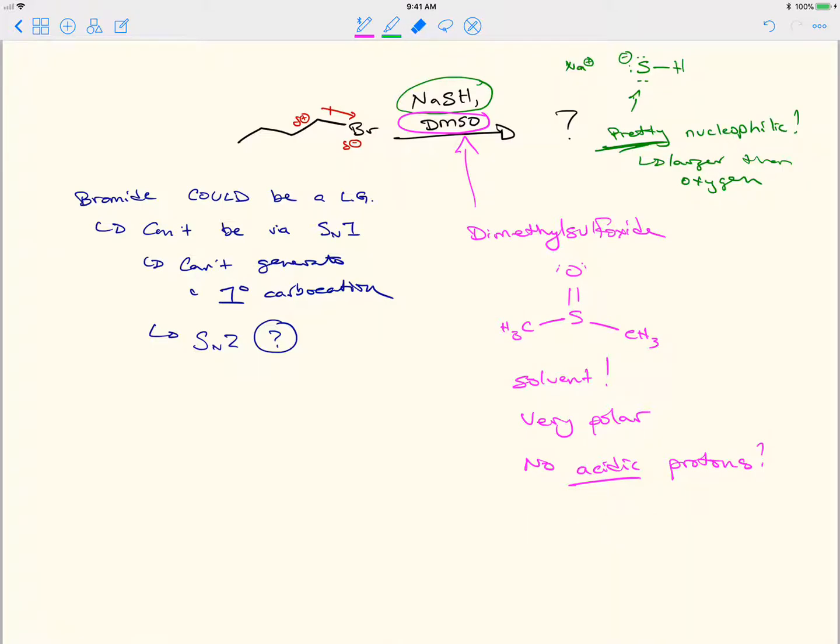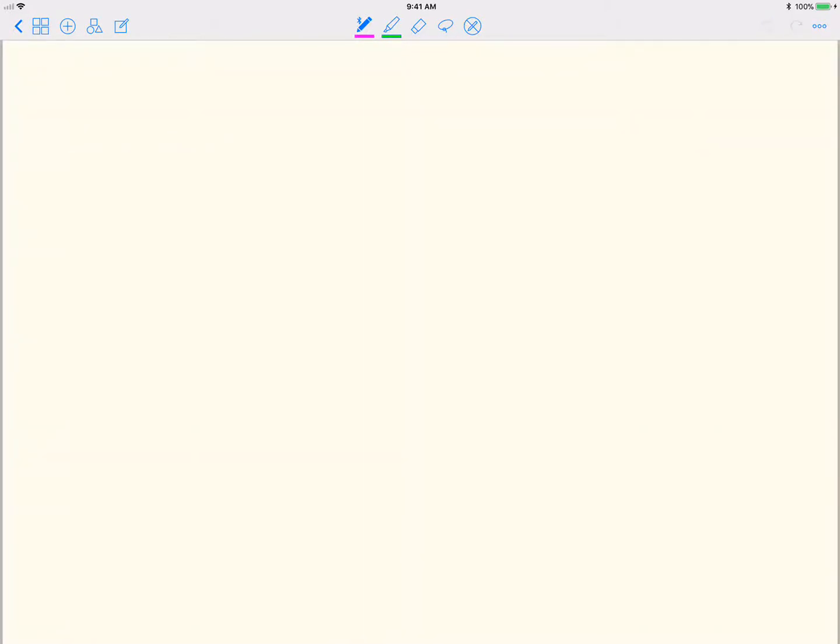What is that telling me? It is a polar aprotic solvent. Okay, so what is this doing? Solvating everything else, and doing nothing else. Okay.